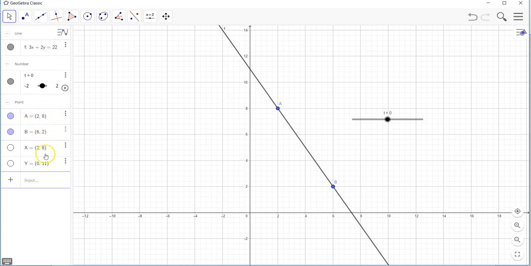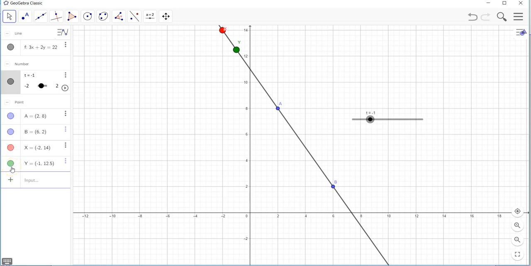Okay, and then for the first parameterization, I started at the y-intercept, so that was at (0, 11), and from there I think you can just drag the slider and see that this is going to progress along the line at a different rate as compared to the second parameterization that we found.